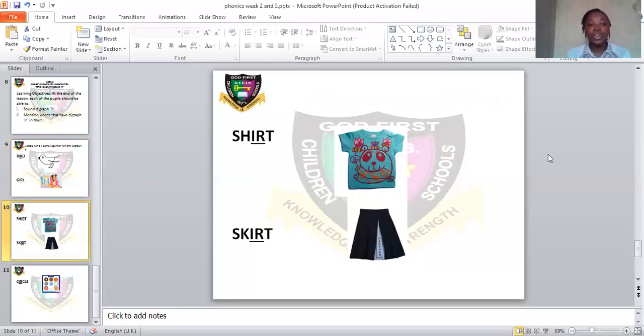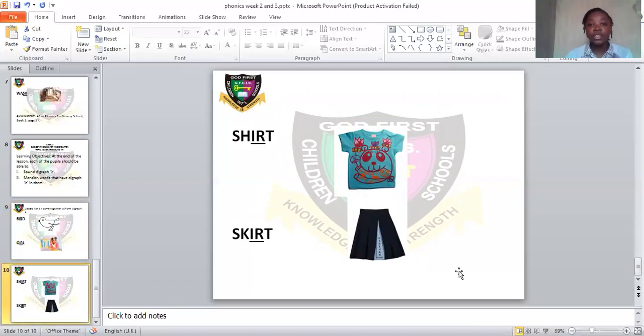We have shirt. Shirt is what we wear. For example, madam is putting on a shirt.